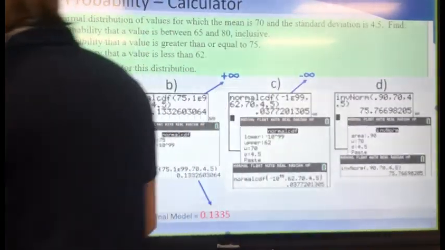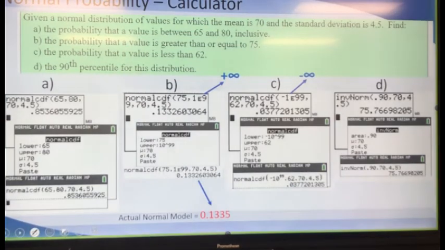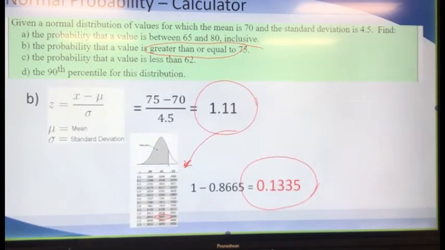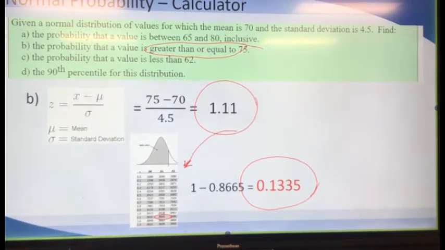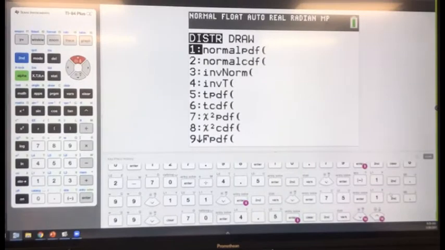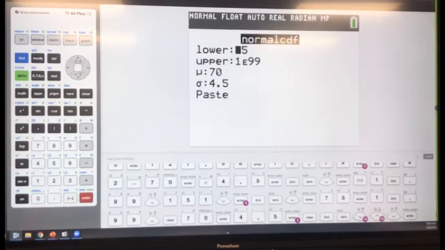I'll demonstrate one just to show you how do we type in infinity in the calculator. So I'll do B. Again, normally we would type in our x, subtract it from the mean, divide by the standard deviation, get a value, look up that value in our z table, and that z value gives us our probability. With the calculator, we would go to, we're looking for C here.